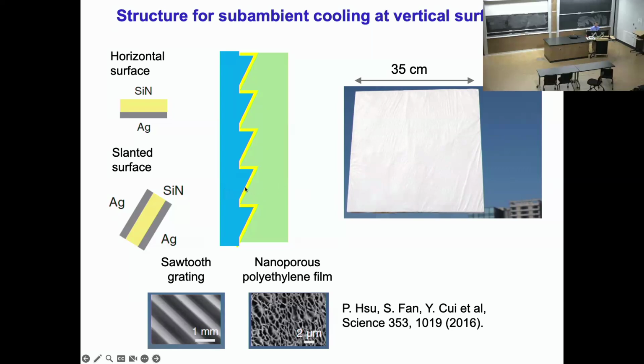And underneath the nanoporous polyethylene, we put this sawtooth grating. The slanted surface is covered by silver so that it reflects the thermal radiation that's coming from the ground. The flat part is made of silicon nitride so that it radiates into the sky.